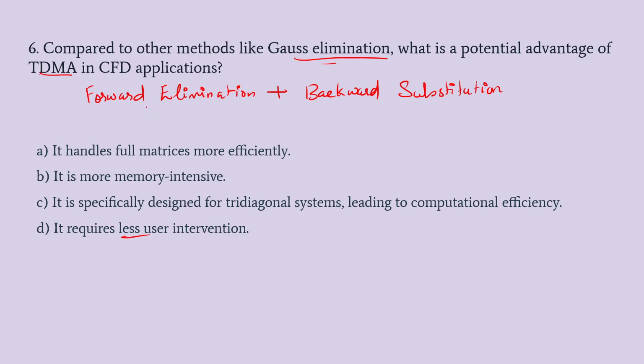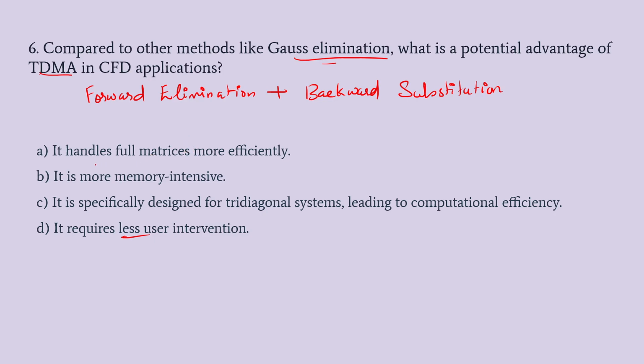By moving forward in the rows, we will be eliminating elements so that we can work with less data. And in backward substitution, we will be plugging the previously solved values of variables back into the system to solve the remaining unknowns. So that's the general method followed in the TDMA method.